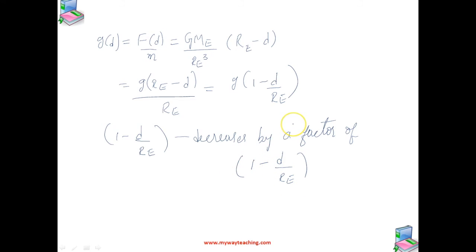So, the remarkable thing about acceleration due to gravity is that it is maximum on the surface and decreases when you go up or down. So, this is a very interesting thing. Acceleration due to gravity is maximum only at the surface of the earth.